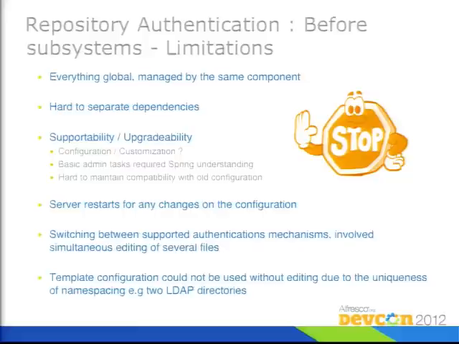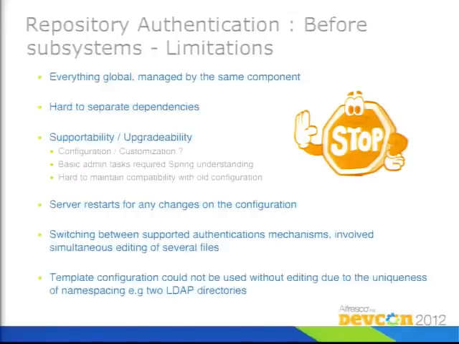Even switching between different authentication mechanisms was a bit complicated, since it involved simultaneous editing of several files at the same time. Template configuration was not introduced at that time, and since we had everything loaded in a single Spring config file, we had a namespace uniqueness problem.